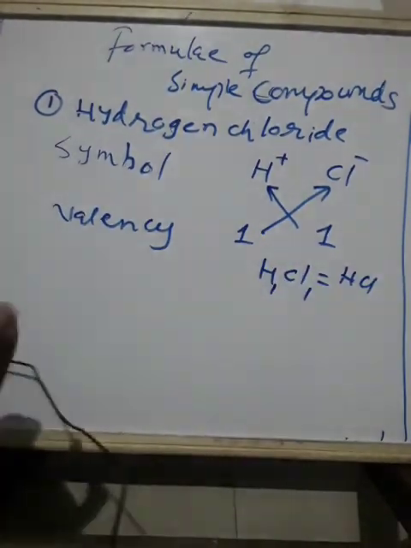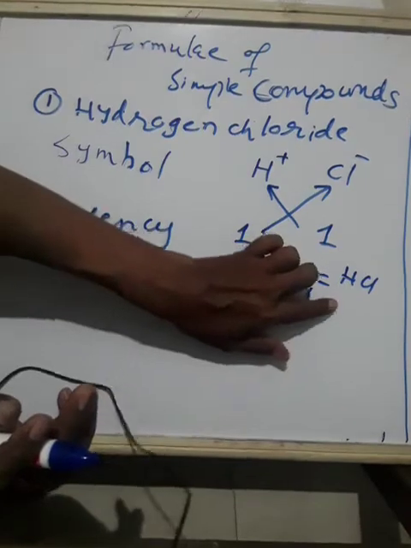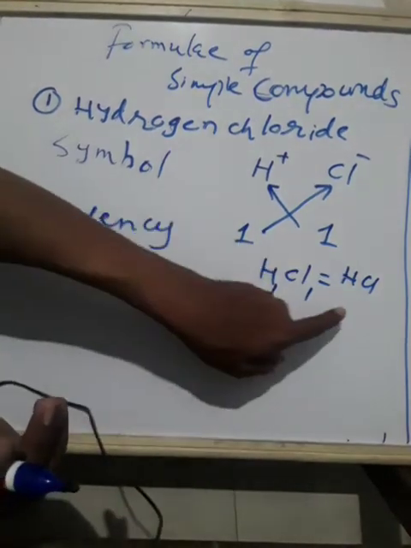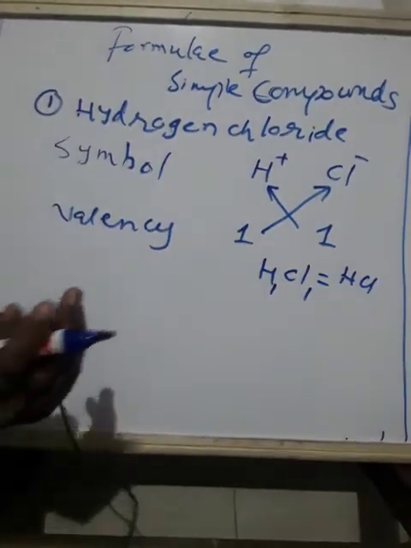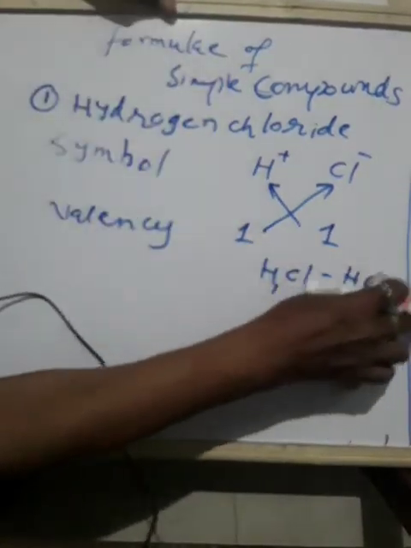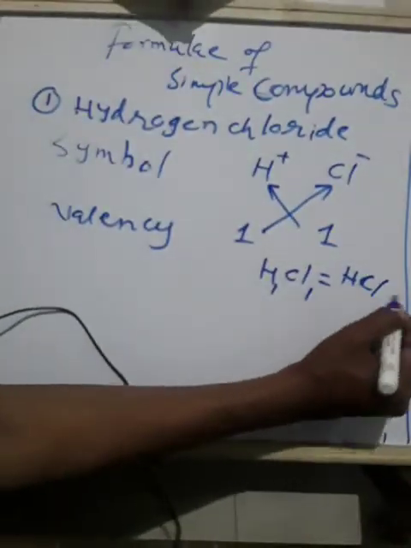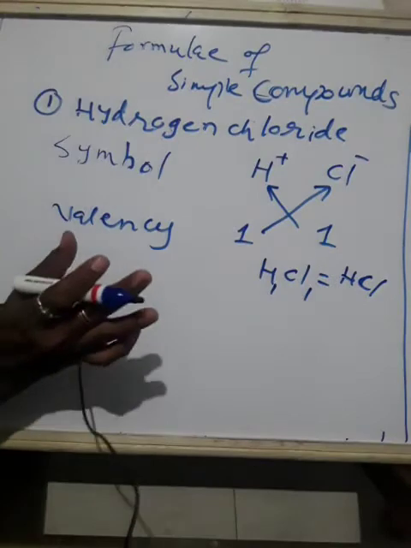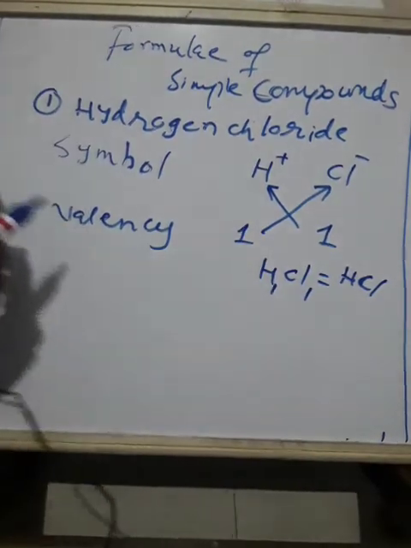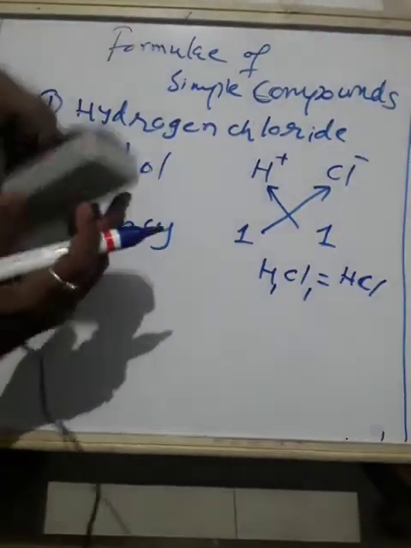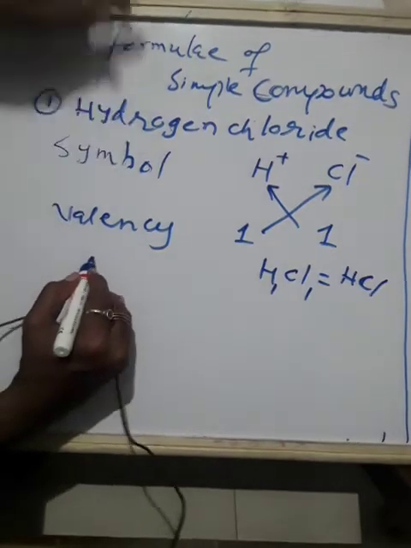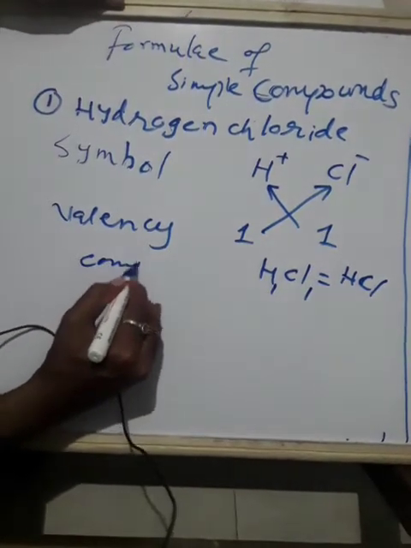If you write only HCl, H indicates one atom of hydrogen, Cl indicates one atom of chlorine. So this is hydrogen chloride. This is a formula. Again, suppose I write hydrogen sulfide, so this is the symbol, valency and compound.